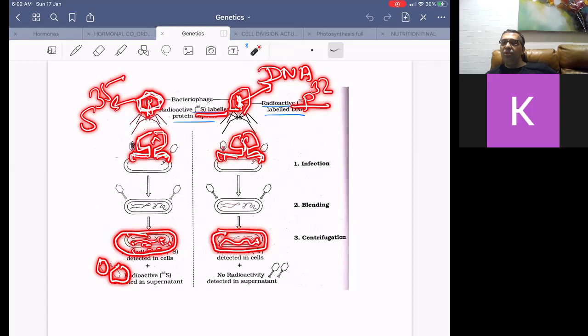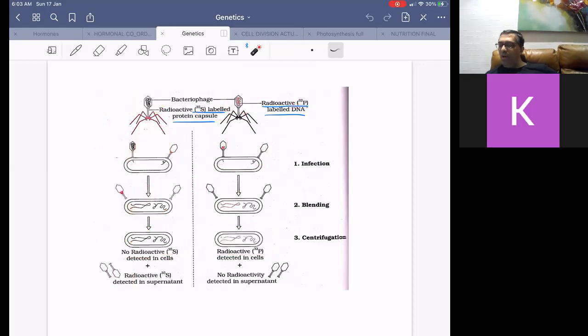What really happens is the bacteriophage passes its DNA inside the bacteria, and the capsid is out. It goes away. The capsid goes away, and the S35 radioactivity is found in it, which is in the supernatant.